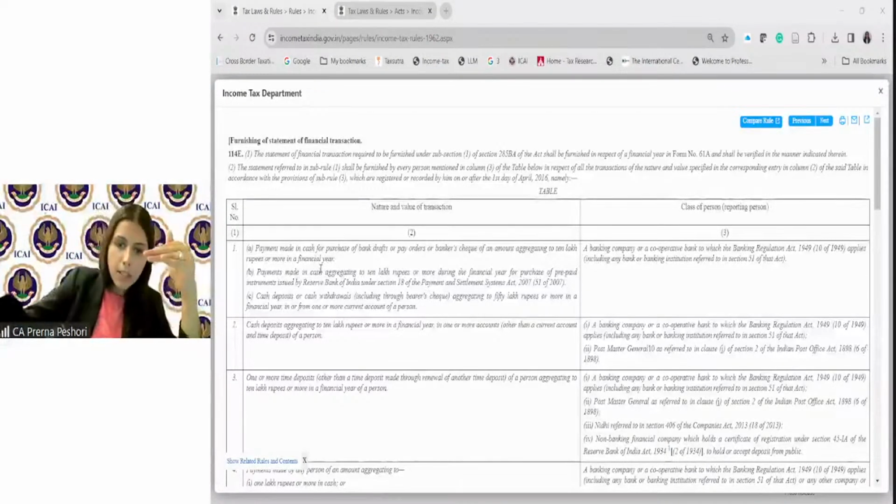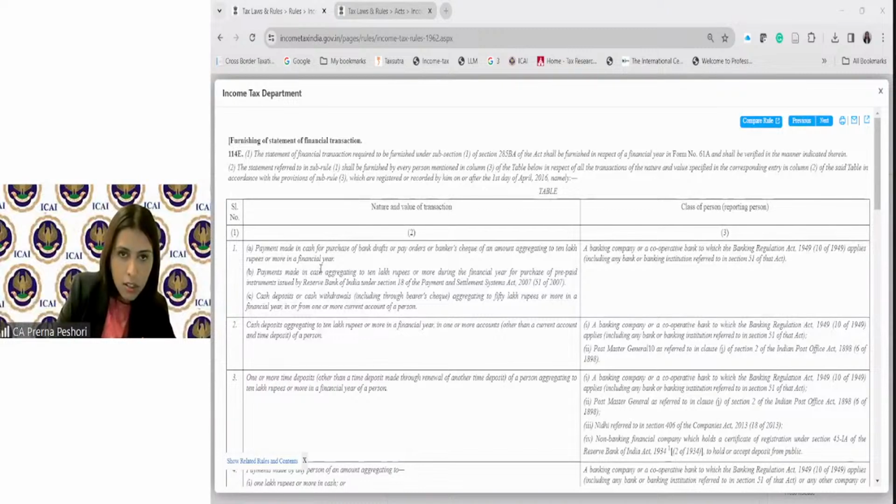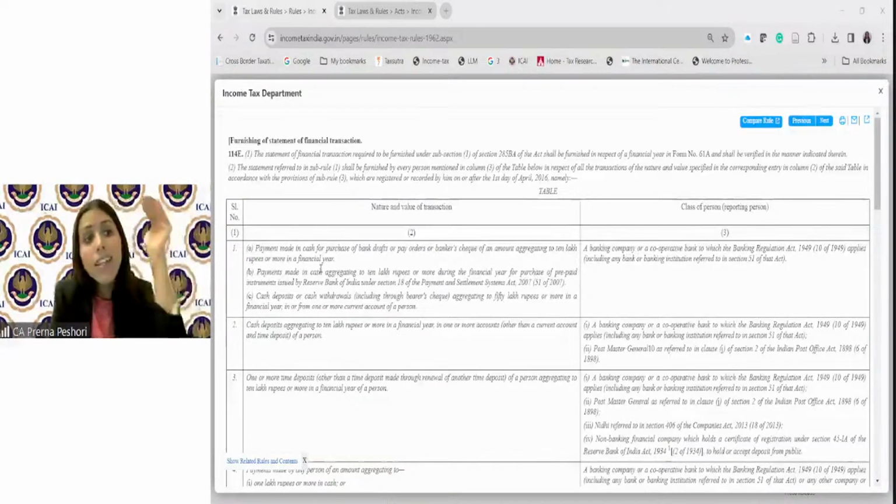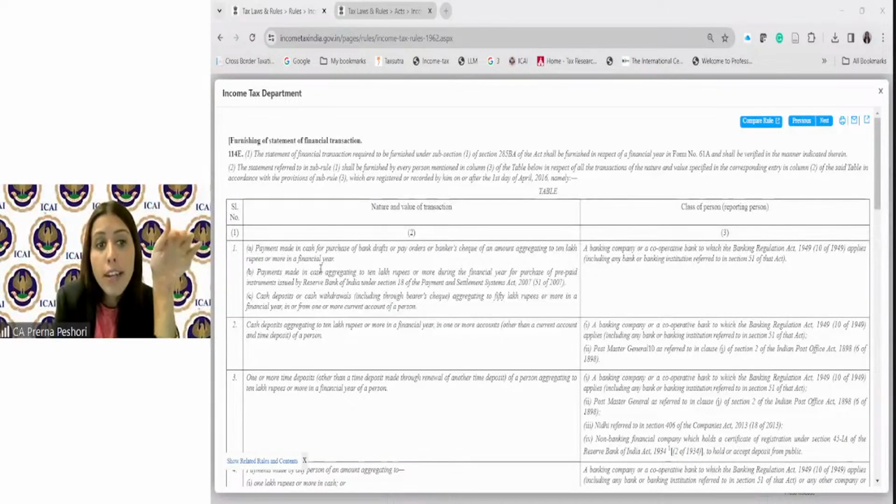If somebody has paid in cash for purchase of bank drafts, pay orders or banker's cheques for more than rupees 10 lakh, or there are cash deposits in my account or cash withdrawals more than rupees 50 lakh, then the bank is required to report this transaction through the Statement of Financial Transaction file.